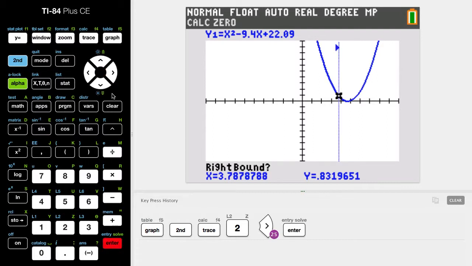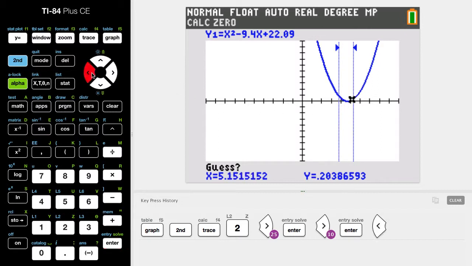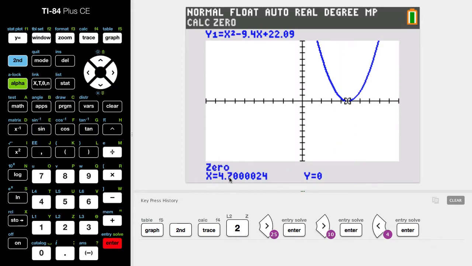Keep pressing the right arrow key again until you're to the right of the 0. Press enter. And finally, let's move our cursor using the arrow keys to make a good guess. Press enter. Our 0 is 4.7. The extra decimal part is due to round off error, so just ignore it.